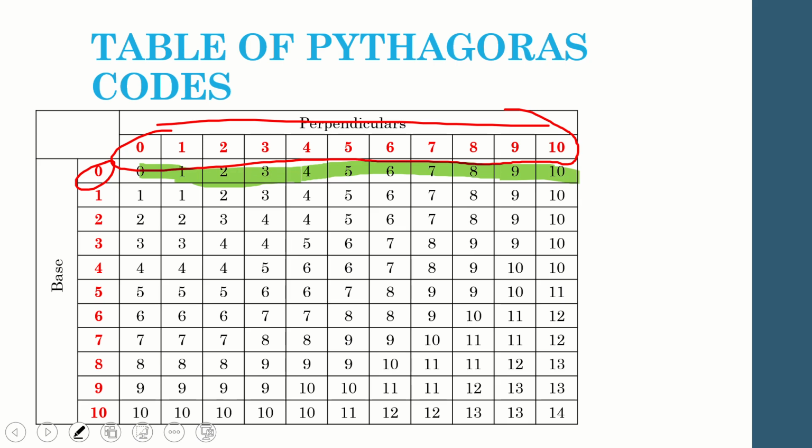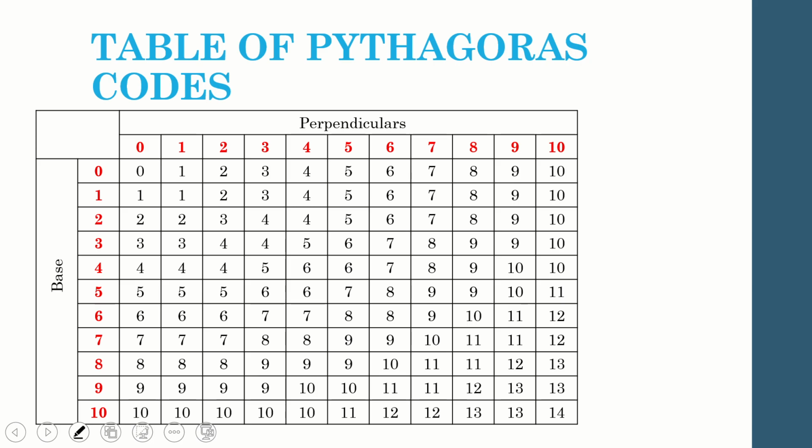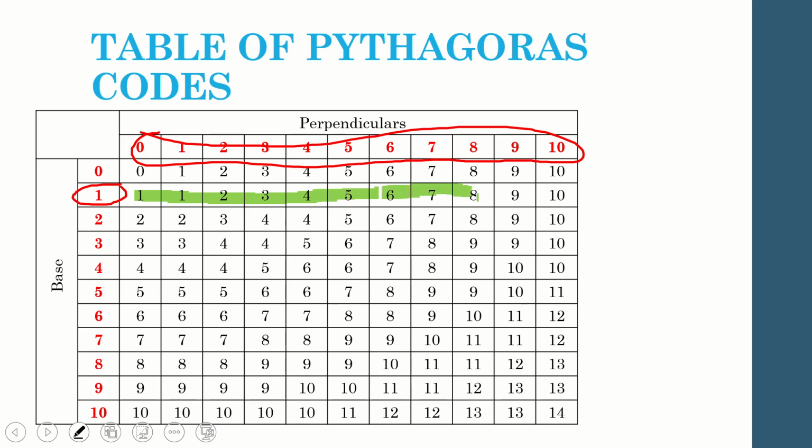Similarly, if you consider 1 as your base, and the row from 0 to 10 as perpendicular, then this is the resultant.